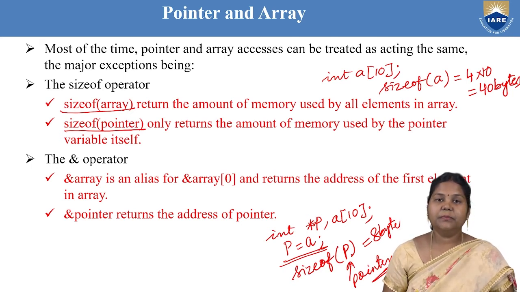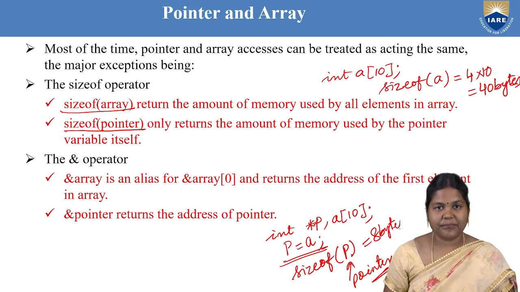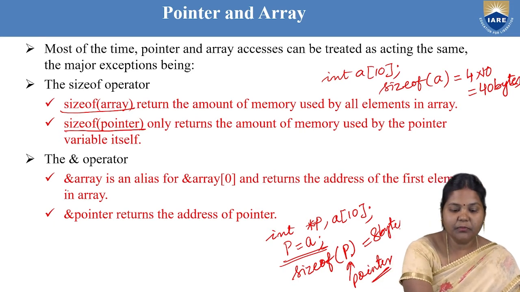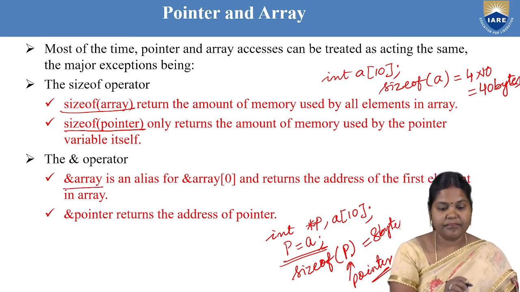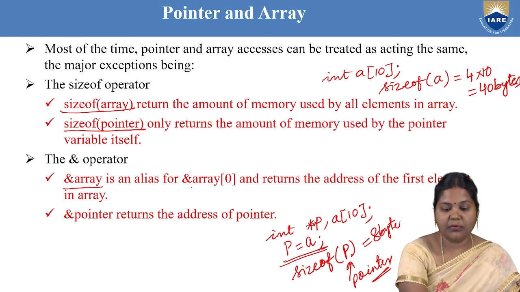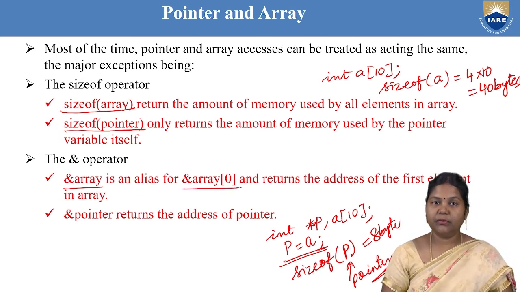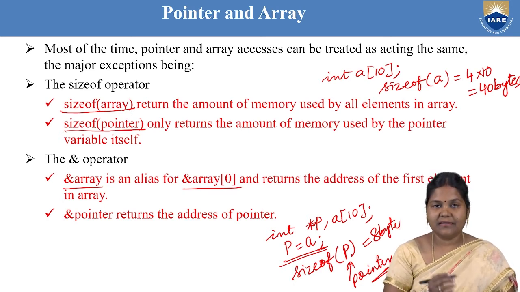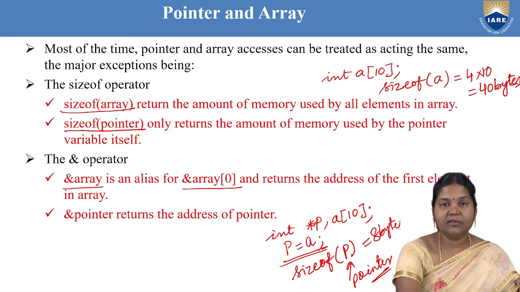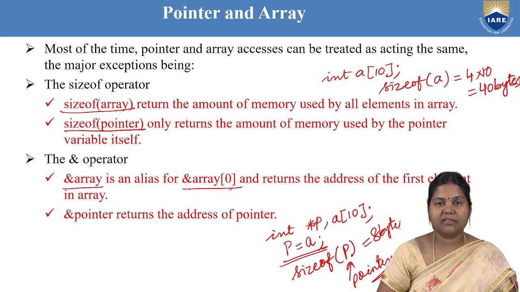Second is in terms of the address operator ampersand. Whenever we write &array, that means the address of the array is an alias for the address of array[0]. The address of the array is nothing but the starting address of the array, which is the same as the address of the 0th element or 0th index.